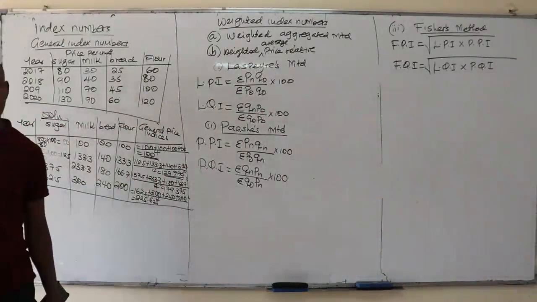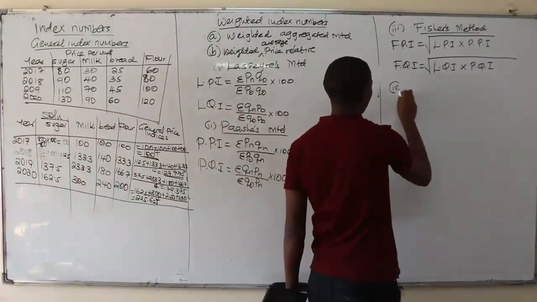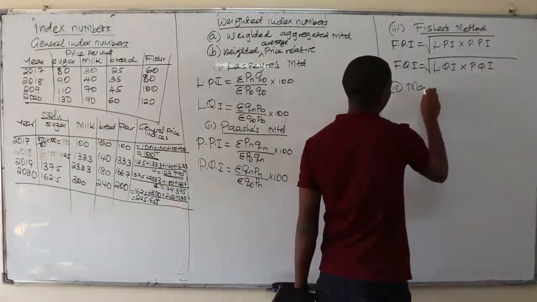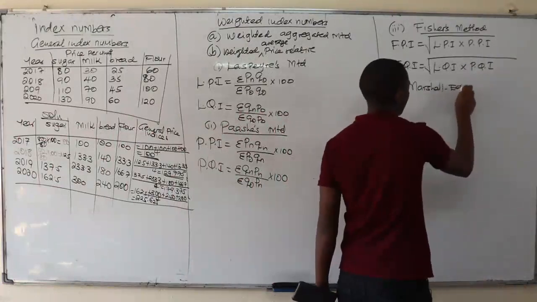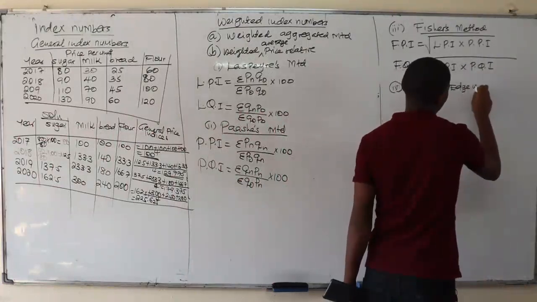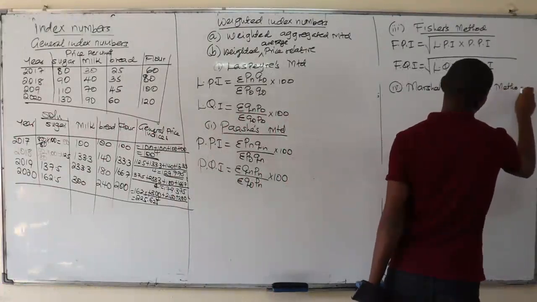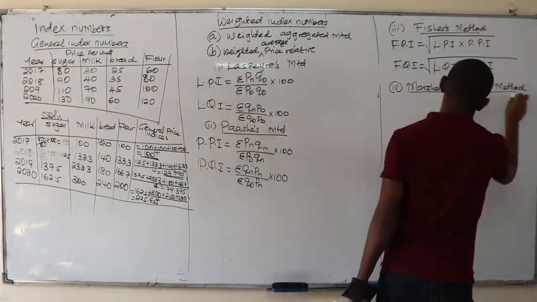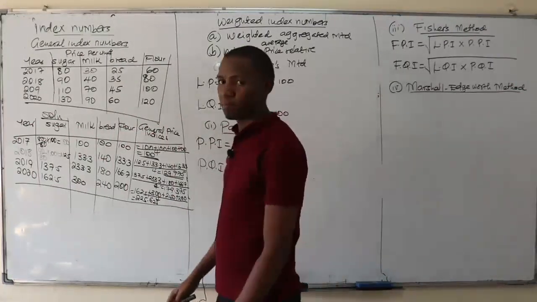The last one is number 4, what we call the Marshall Edgeworth method.